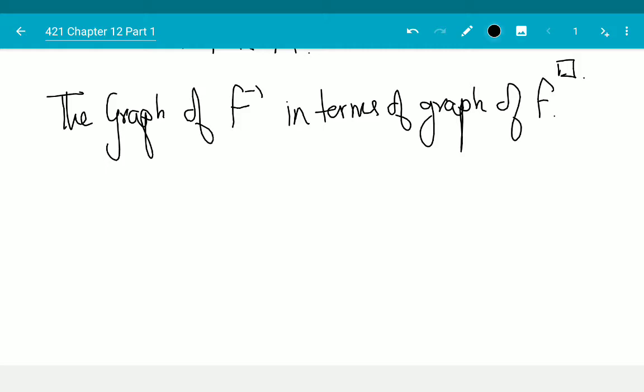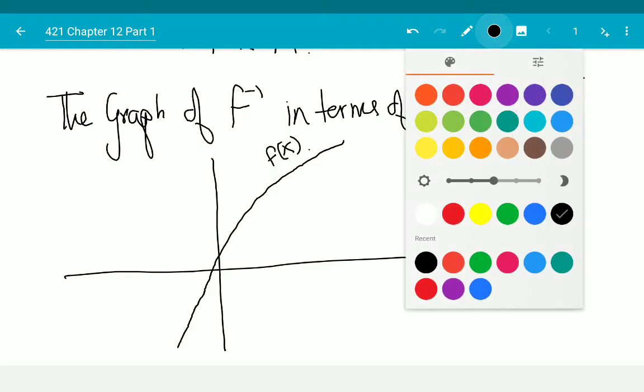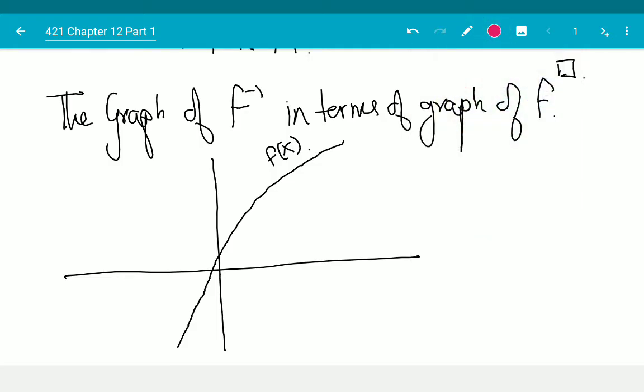Okay, so suppose I have my function f, which goes maybe like this. How do I get the graph of f inverse? So this is f of x. What you do is you reflect around the line y is equal to x.